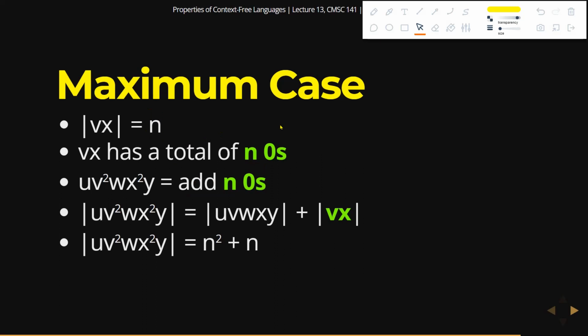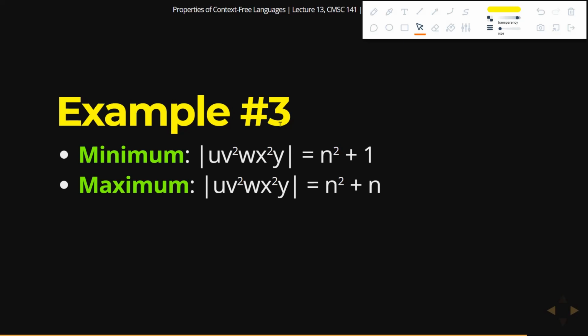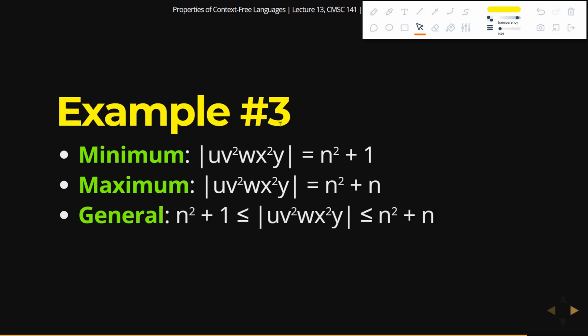So therefore, we could set a range for this one. At the minimum, it would have the length n squared plus 1, and at the maximum, it would have the length n squared plus n. So in general, the pumped up string is between n squared plus 1 and n squared plus n in length.